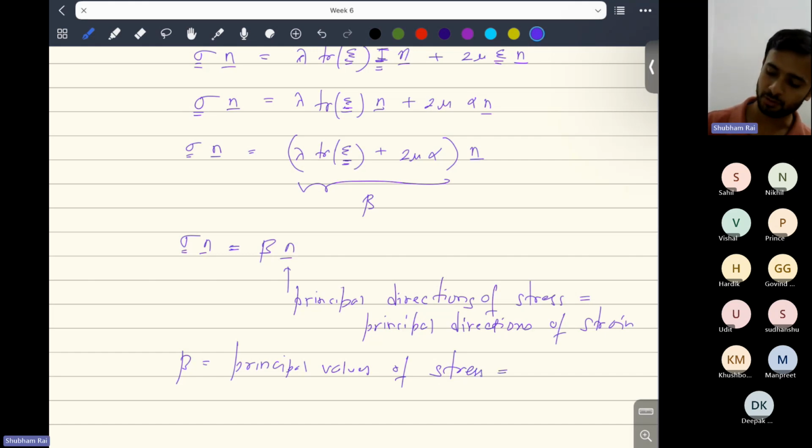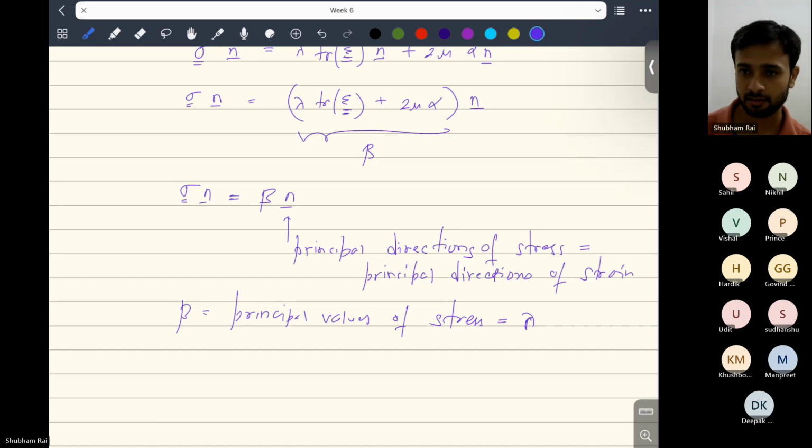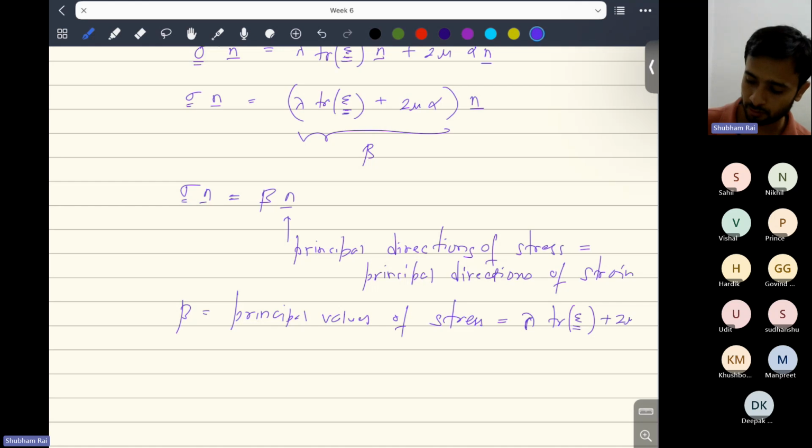There will be a principal value, and that is given by lambda times trace of epsilon, coming from the constitutive relation itself, if we just substitute principal strain in the constitutive relations. The trace of epsilon in the principal coordinate system is not going to change, it's invariant, plus 2 mu alpha, where alpha is the principal value of the strain.